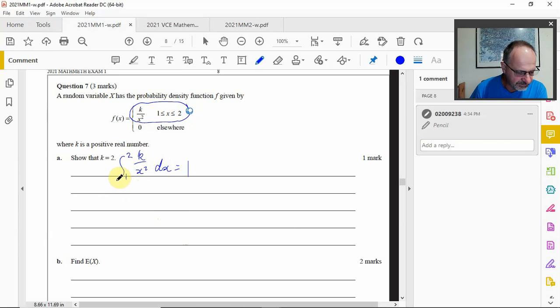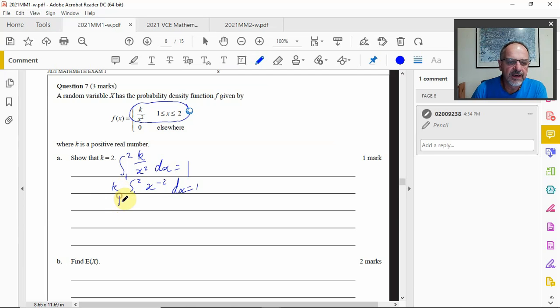All right, so I'm going to take this k out as a constant, and I'm going to rewrite it as x to the minus 2 dx equals 1.